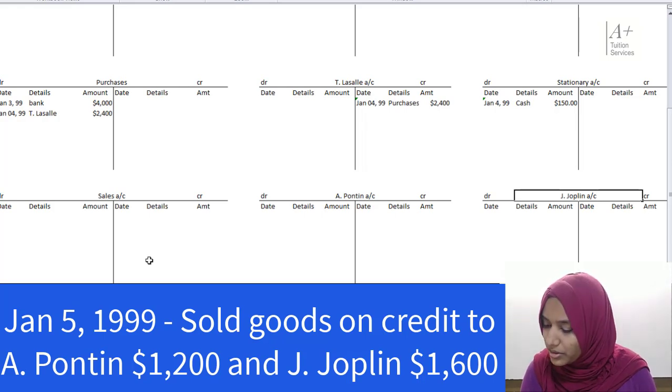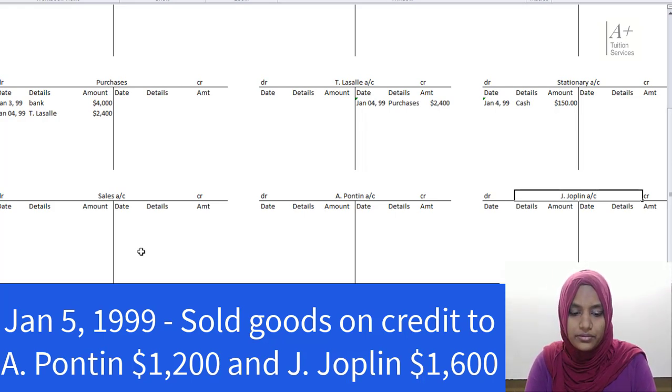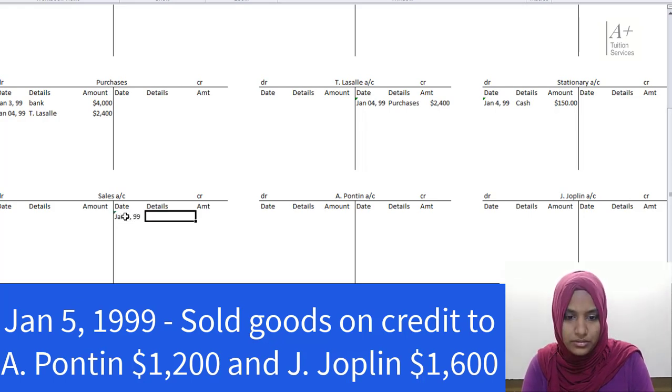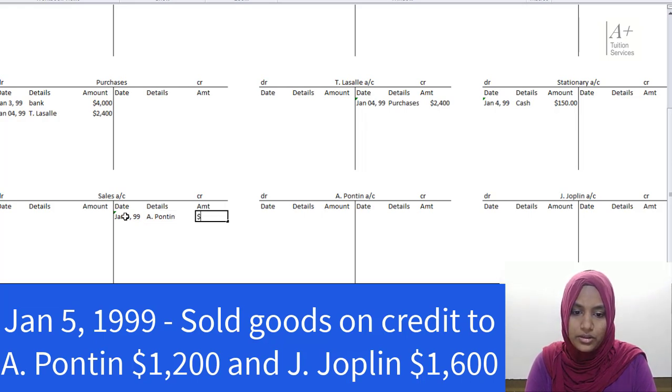Okay, so this is January 5th, 99. I'm going to start with A. Pontin. A. Pontin, because this is in the corresponding account, and he credited $1,200 in goods, right? So now I'm going across the A. Pontin's account now, and he will have the debit entry.